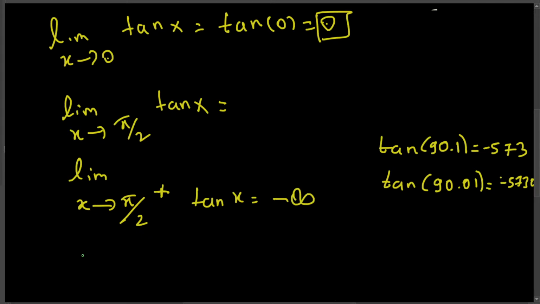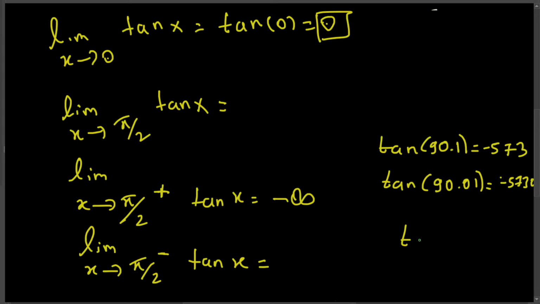Let's try the limit as x approaches π/2 from the left side for tangent x. When x approaches π/2 from the left side, we need a value that's less than 90 but close to 90.